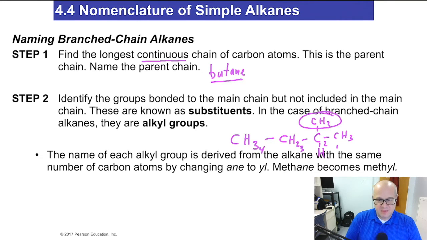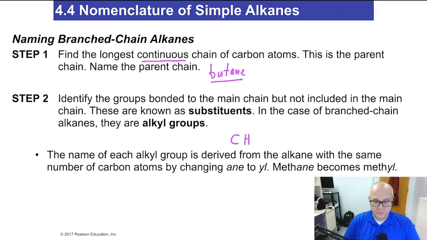But what about this methyl, this CH3 group called a methyl right here? We have to tell the reader what group that is and where to find it on the main chain. Again, these rules will make more sense once we start doing examples. That's as most things in life, right? They start to make a lot more sense when somebody applies the rules for you.